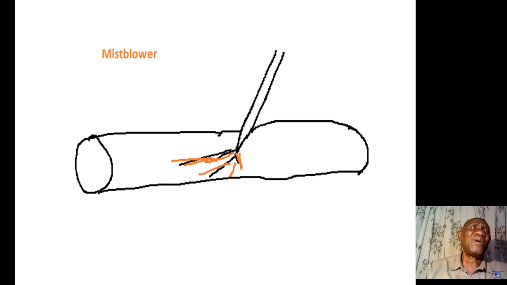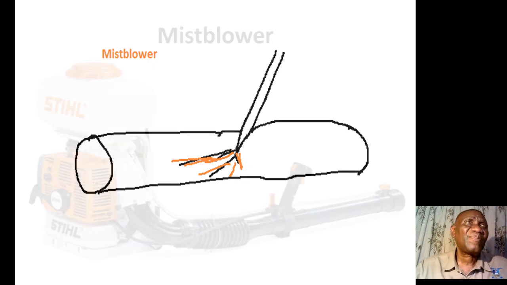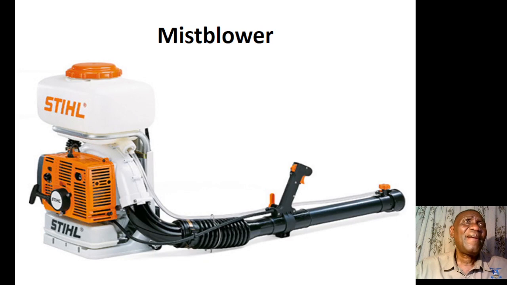A mist blower. This one creates a mist. You have a pipe there which probably delivers the pesticide, which is going to be mixed with smoke. So this is the mist blower. It has got an exhaust pipe.